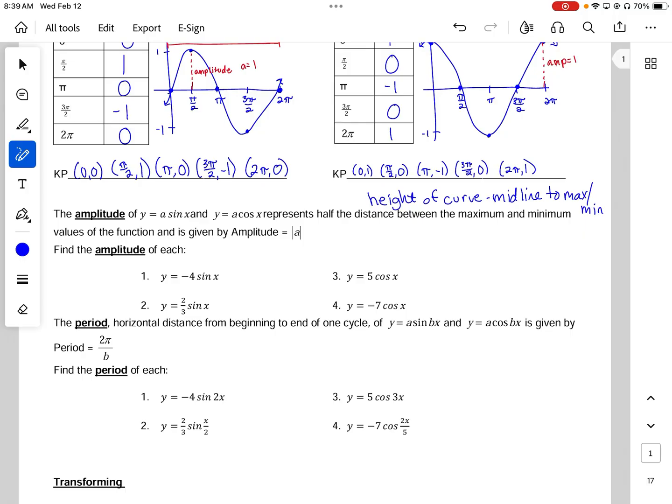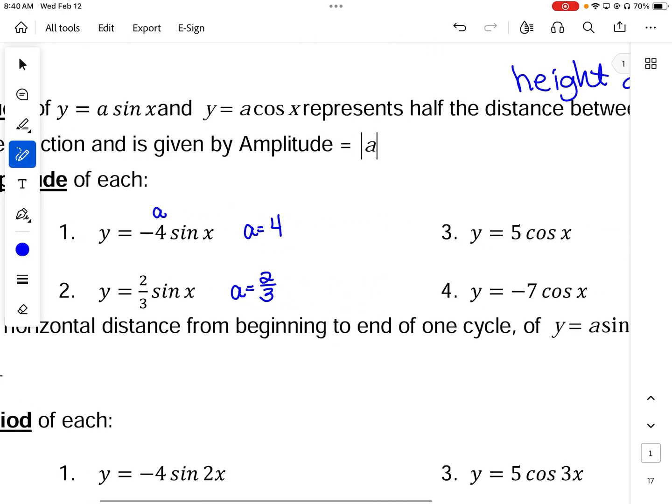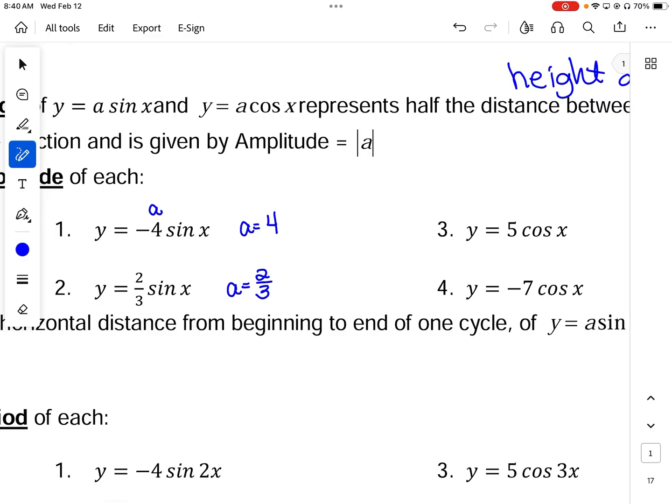Okay, find the amplitude of each. So here we have A is negative 4. So the amplitude, absolute value of A, is positive 4. Two, we have 2/3 sine x. The amplitude is going to be 2/3. Number 3, A is 5.